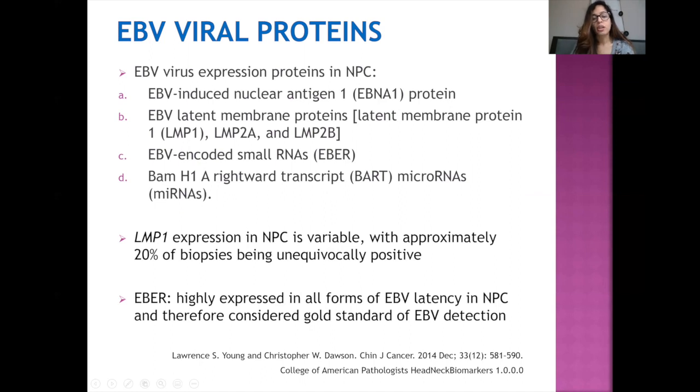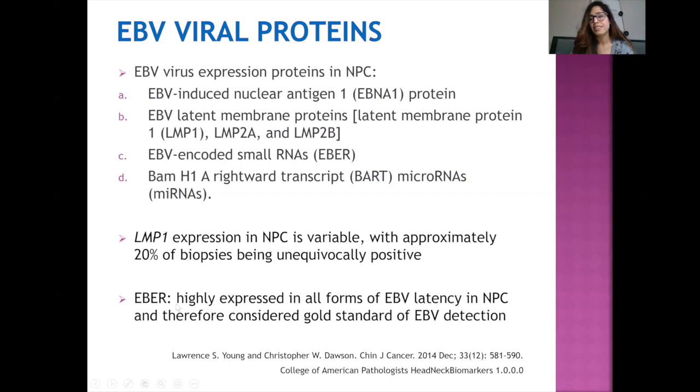There is quite a bit of literature showing that LMP1 expression in nasopharyngeal carcinomas is highly variable, and anywhere between 20 to 40% of biopsies actually show equivocal positivity, even when it's an EBV-driven nasopharyngeal carcinoma. So this is not a good test to pick up EBV-associated pathogenesis in a nasopharyngeal carcinoma.